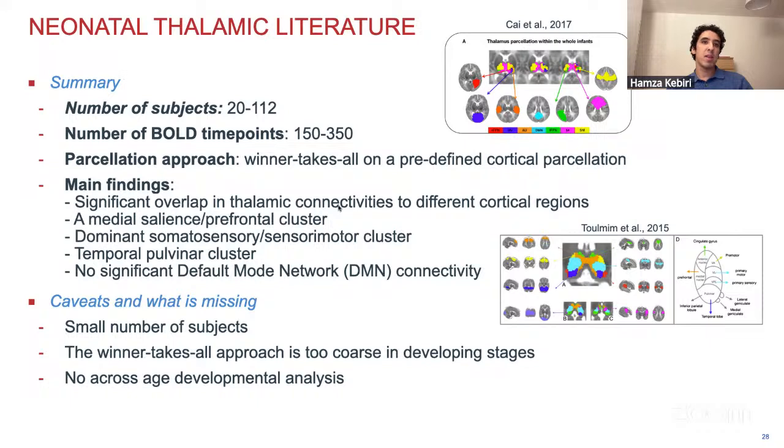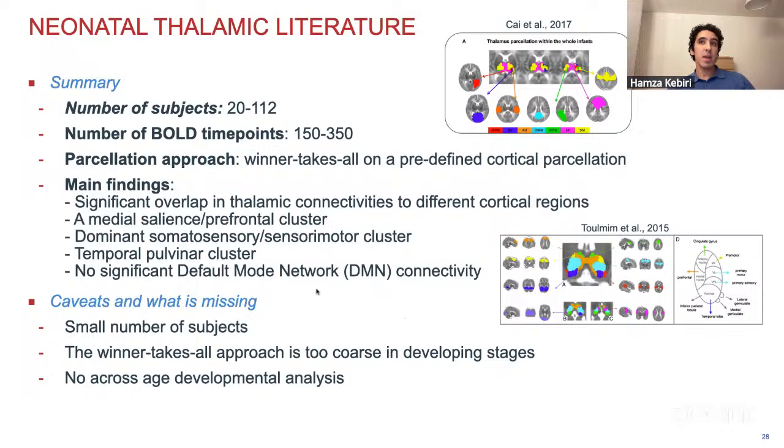Namely, there is this salience prefrontal network that can be seen here or also here, and there is also the dominant somatosensory and sensory motor cluster. And there is this default mode network, which switches on when you wander, when you are not doing any task, and there was no significant connectivity to it.